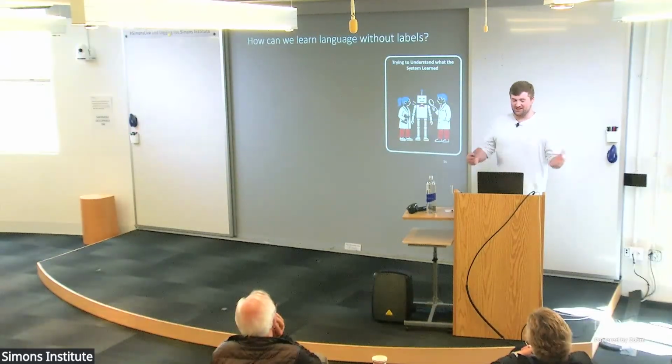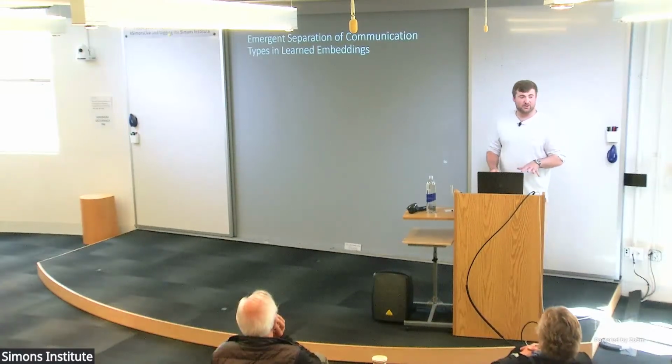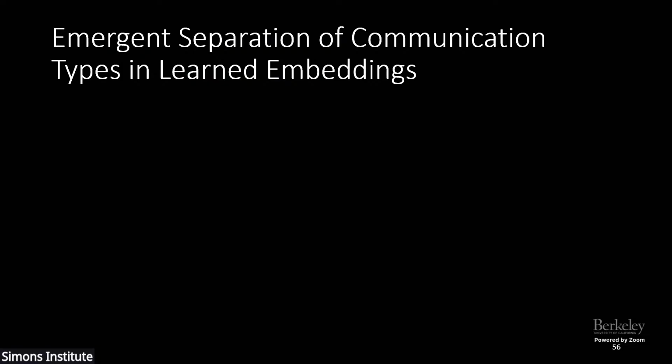So this is now the last part of the talk where we're going to try to figure out what's going on. Everyone first just looks at the embeddings. They reduce their dimensionality using an algorithm called t-SNE and take a look at how they look. So here I'm going to show two plots, one of which I've colored the embeddings based on what kind of communication the dolphins are doing.